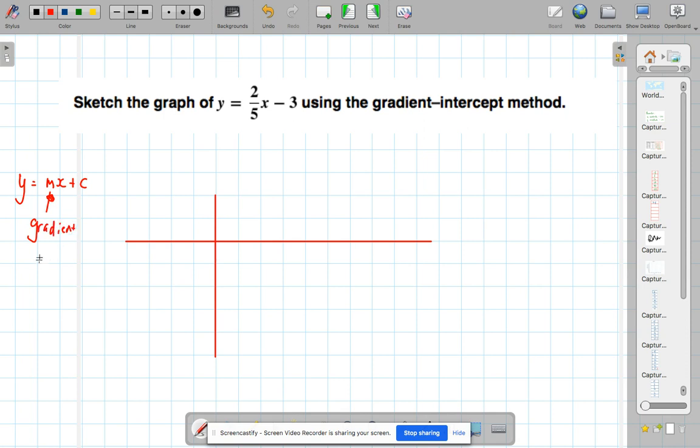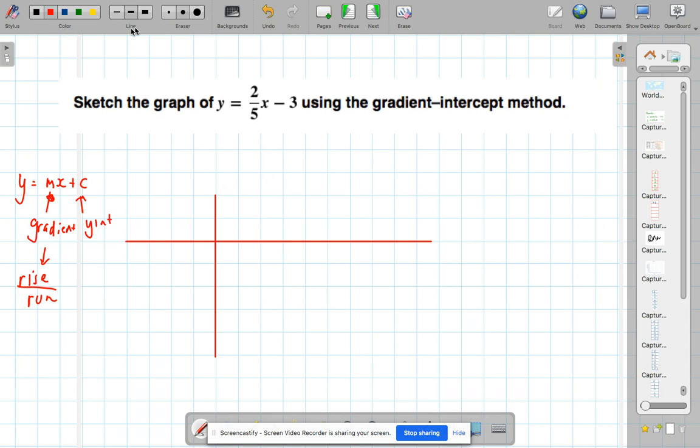The gradient is the slope of the graph, and that's defined as rise over run, the rise of the graph divided by the run of the graph. The plus c out by itself, and that can be a positive or negative number, is the y-intercept. That will be where the graph crosses the y-axis.